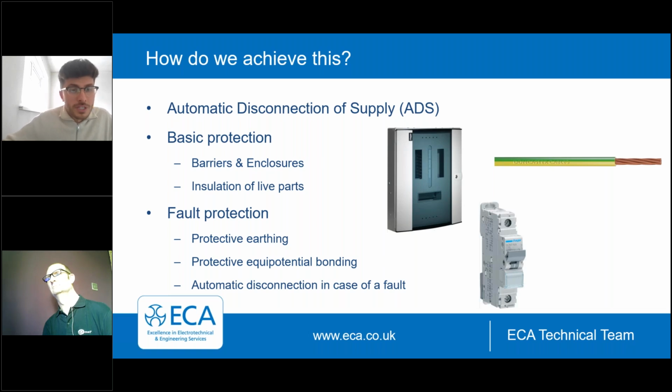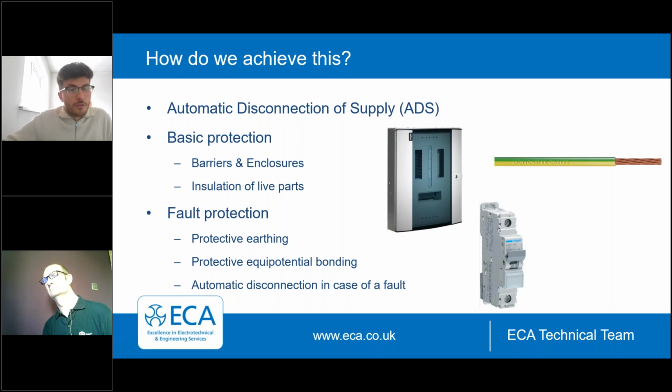And then we have protective equipotential bonding, which of course we take to extraneous conductive parts that are liable to introduce a dangerous potential difference. So we're looking at things like incoming metallic water pipes, metallic gas pipes, structural steel, and so on. So that sort of highlights the difference in why we earth in terms of earthing and bonding as such.